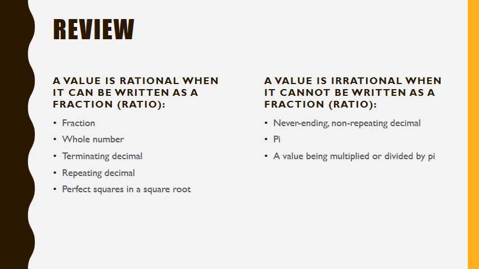A value being multiplied or divided by pi is also irrational because pi makes the value irrational. And finally, non-perfect squares in a square root. So if you try to take a square root of a number that's not a perfect square, it's going to give you that never-ending, non-repeating decimal, which is already irrational.